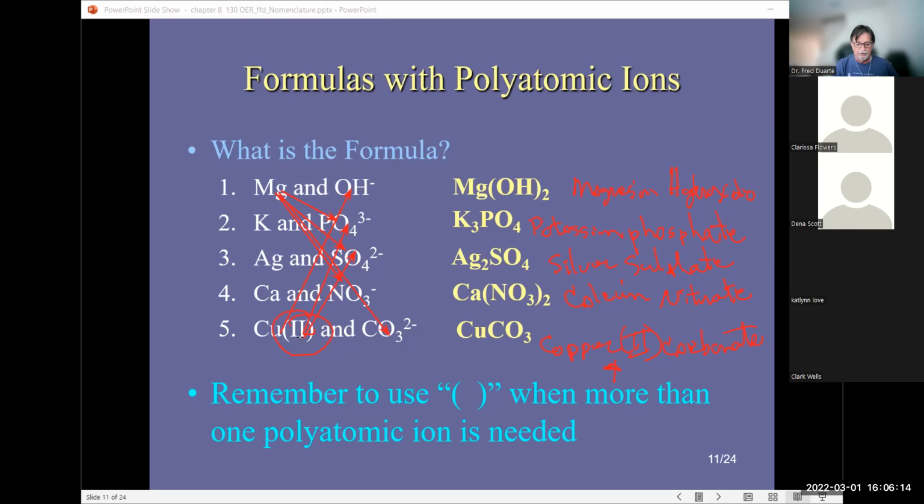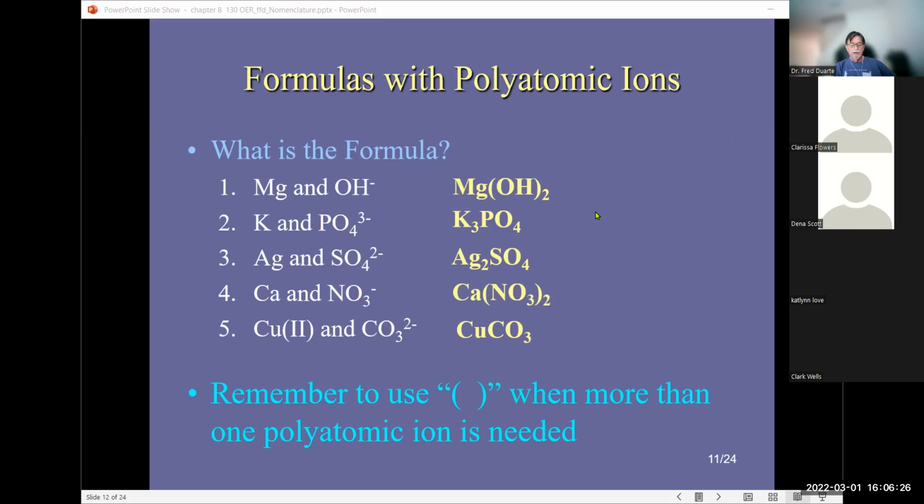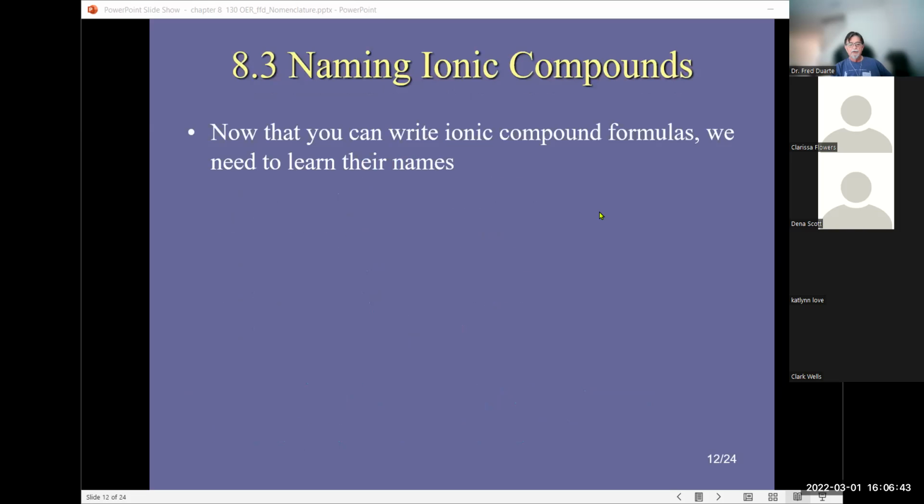Your database is really getting bigger. I've been giving you the names because the scenario is going to be this. You're either going to be given the name and asked to write the formula, or you'll be given the formula and asked to write the name. So you need to be able to go in both directions here.